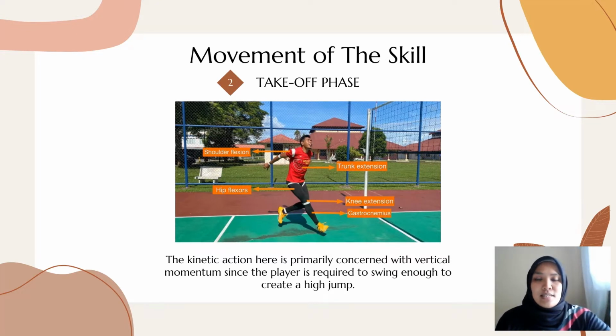The second phase is the take-off phase, where the kinetic action is primarily concerned with vertical momentum, since the player is required to swing enough to create a high jump.